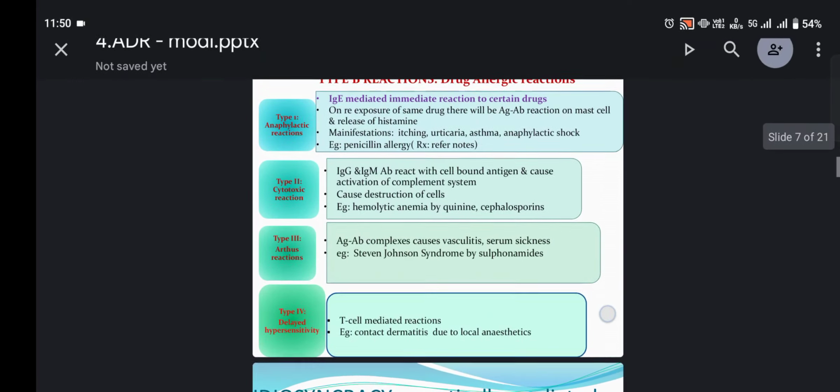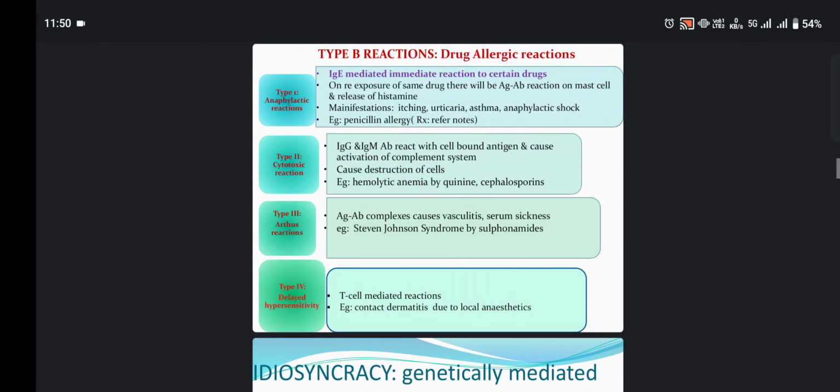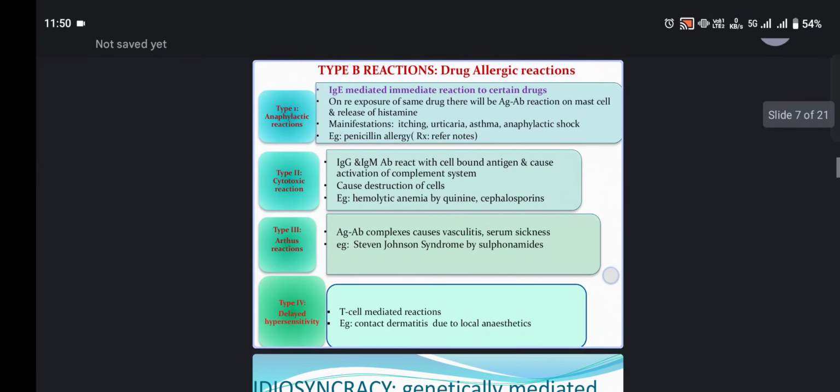Again, type 2 reactions on the basis of drug allergic reaction are classified into four types. The first one is anaphylactic reaction, the second is cytotoxic reactions, then Arthus reactions, and the fourth is delayed hypersensitivity reaction. Anaphylactic reactions are IgE mediated immediate reactions to certain drugs.